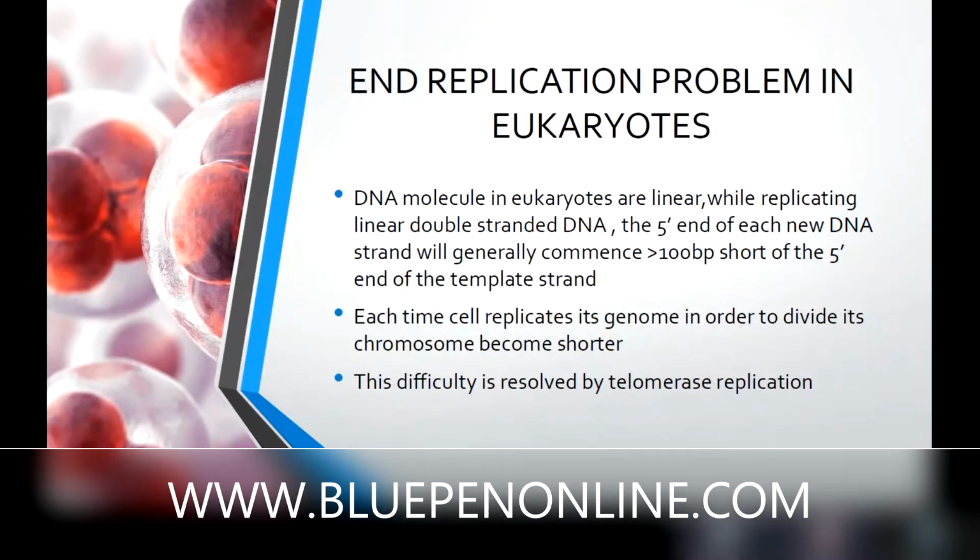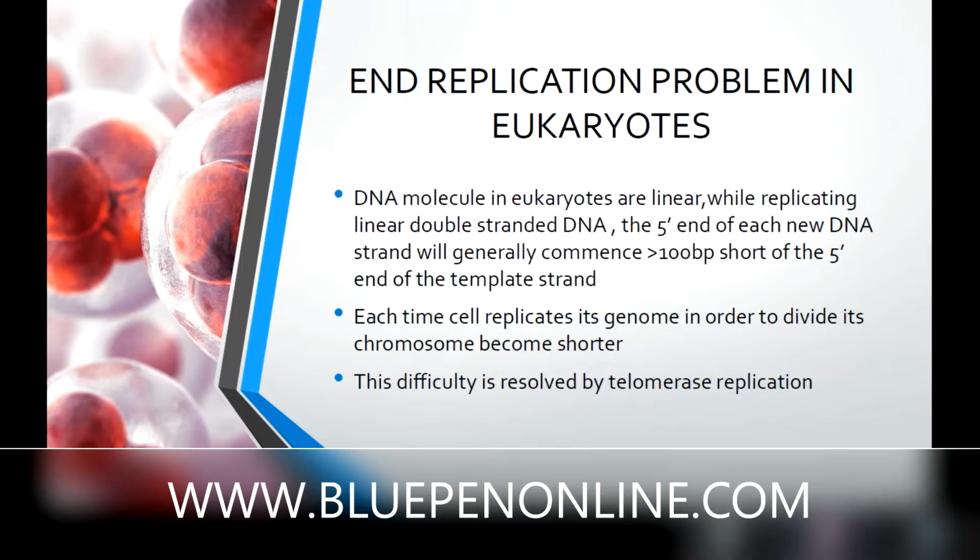There is a length problem between the parent strand and the daughter strand. At the time of termination, the length of the parent strand is different from the daughter strand.